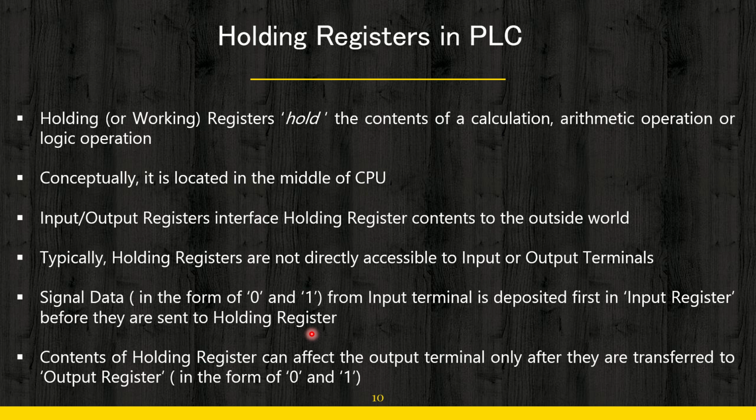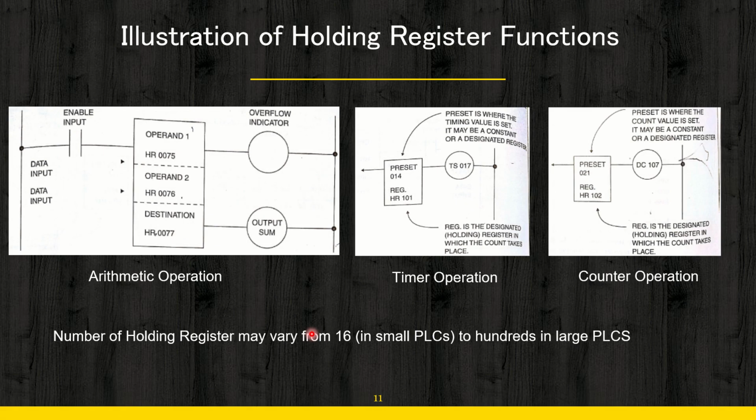Then only the output devices can work with the contents of the holding register. So the holding register is not typically available to the external world. It is available only through the input register or the output register. I hope that this concept is clear.